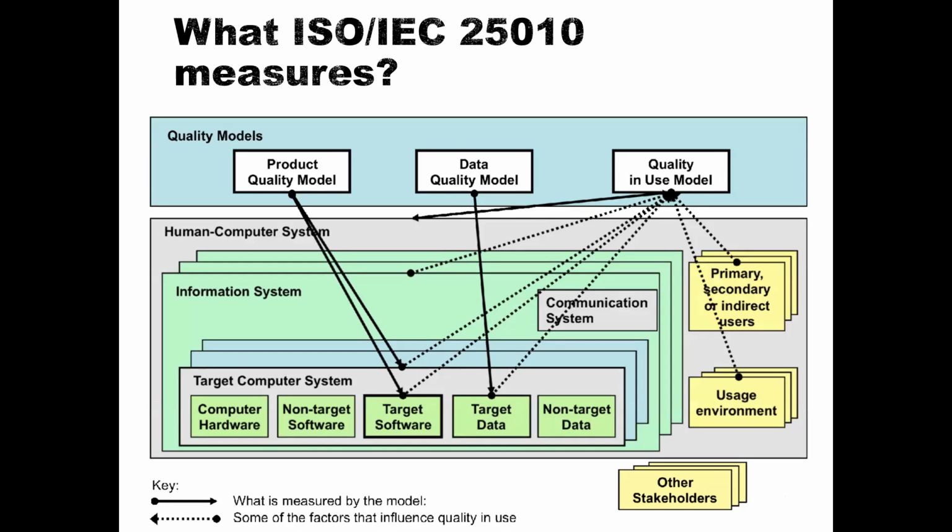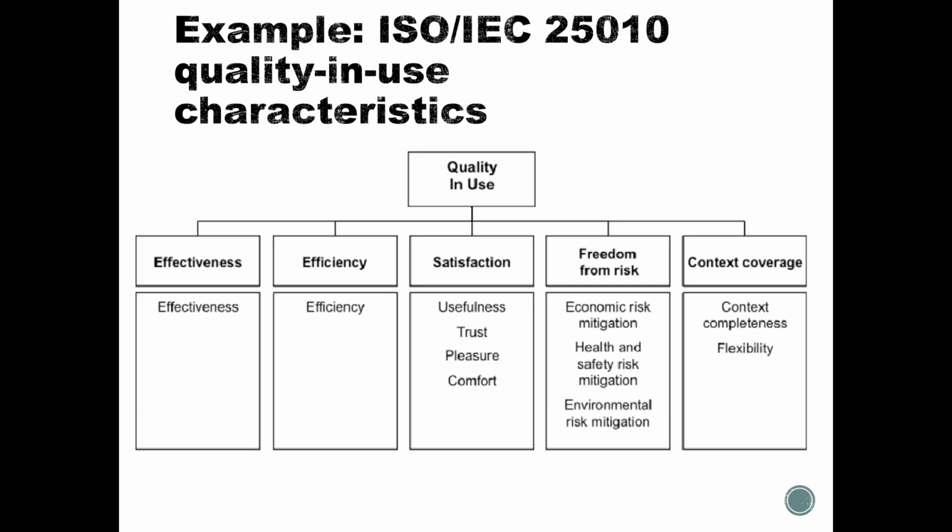So what does this ISO IEC 25010 actually measure? Basically, there are three different quality models: the product quality model, which we saw just now, which has 8 characteristics. Then we have the quality in use model, which has 5 characteristics.